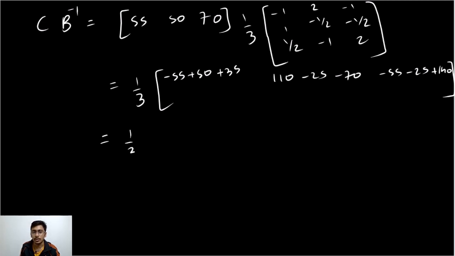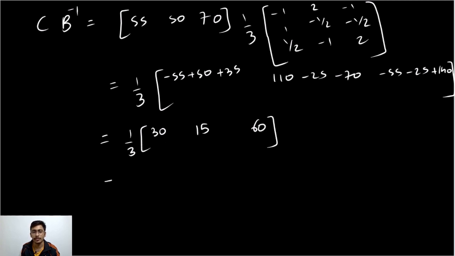It should be 1 by 3 times this. It becomes minus 5 plus 30, so it becomes 30, then 70 minus 110 plus 40 minus 25, it becomes 15, and then 60.